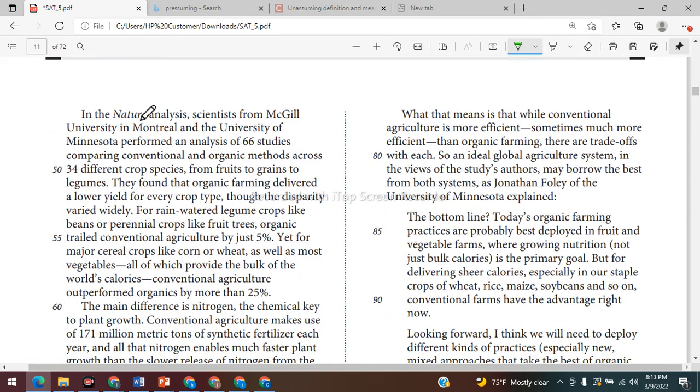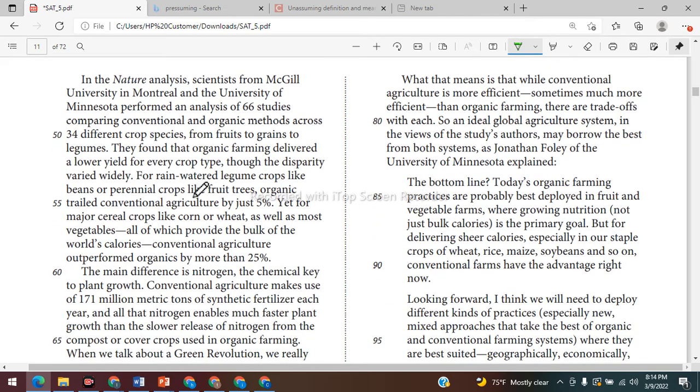In the Nature analysis, scientists from McGill University in Montreal and the University of Minnesota performed an analysis of 66 studies comparing conventional and organic methods across 34 different crop species, from fruits to grains to legumes. They found that organic farming delivered a lower yield for every crop type, though the disparity varied widely.